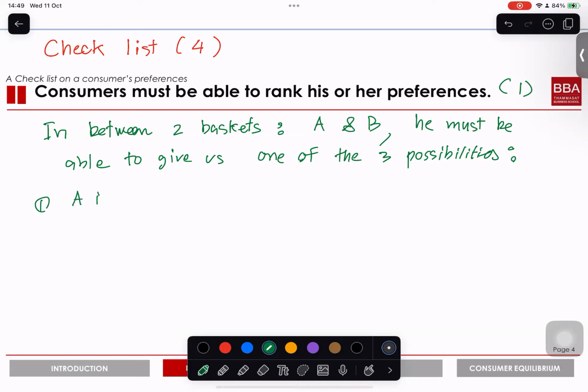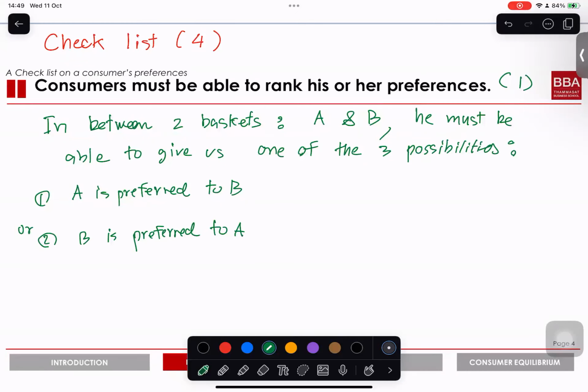basket A is preferred to basket B for him. He may feel like this: he loves to have A rather than B. That's the first possibility. Or this guy may say, give me B, I want to have B. Or B is preferred to A. Second possibility.